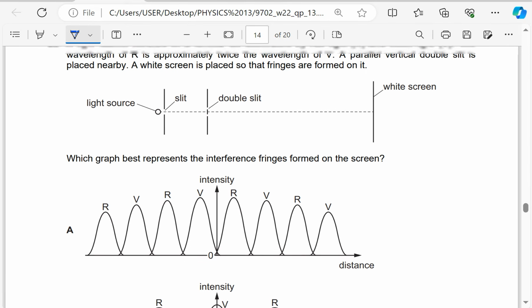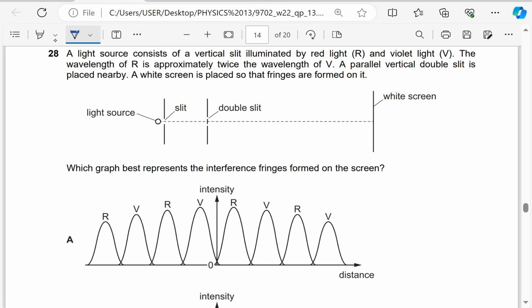Okay, of course we know that at the center, because both of them, red and violet, are being illuminated, they will both form. We expect both of them to form a maximum at this point here. But remember, from the double slit formula, lambda equals ax divided by D. The wavelength is directly proportional to the separation of the fringes.